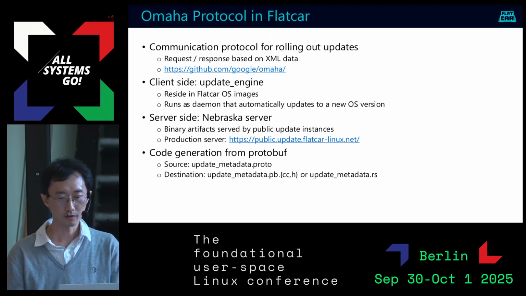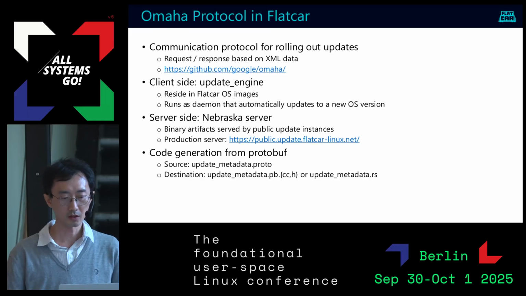The Omaha protocol's client side is update engine, which resides in Flatcar OS images, and runs as a daemon that automatically checks for new versions and updates to the new OS version.